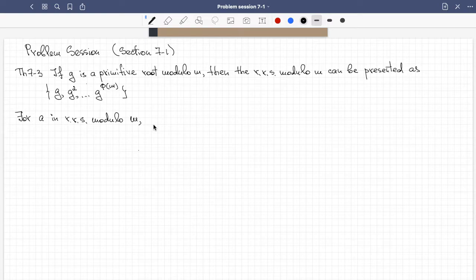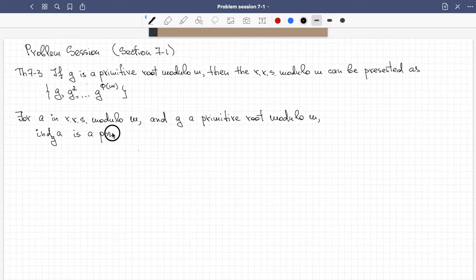they introduce index, and g, a primitive root, they introduce index g a, is a power to which we raise g in order to obtain a modulo m.